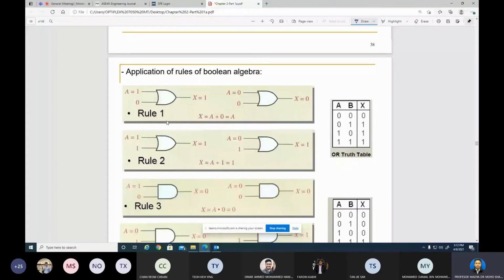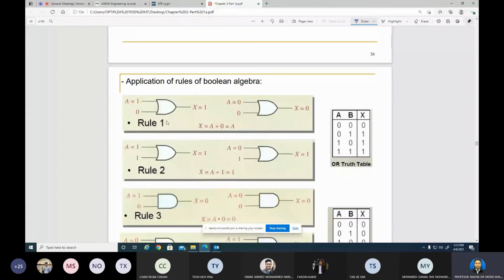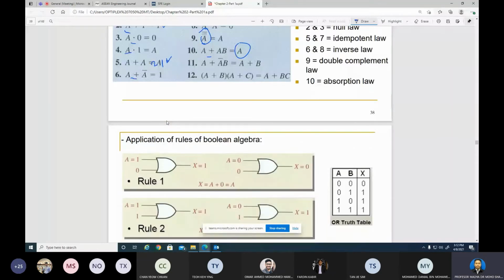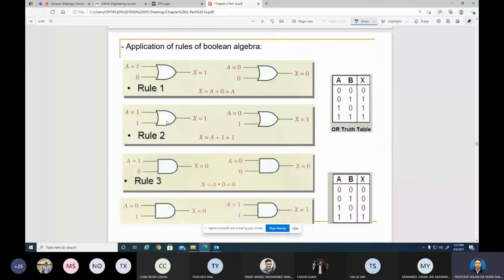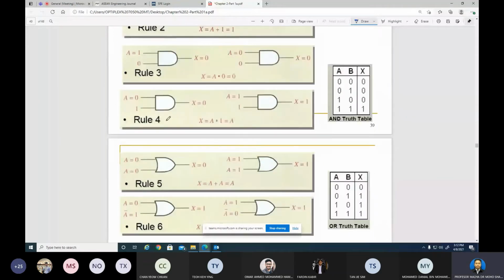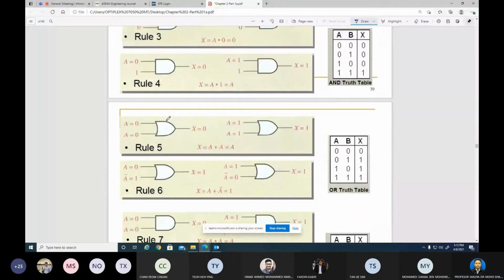For example, you can see rule number 5: A plus A equals A. You can check how they do this. If A is 0 and the other is 0, automatically X is 0. If A is 1 and the other is 1, then X equals 1. That's why A plus A equals A, rule number 5.